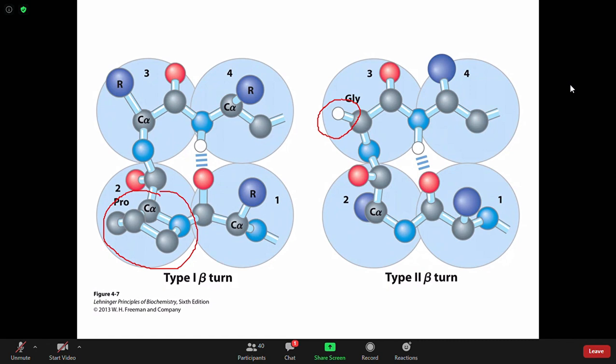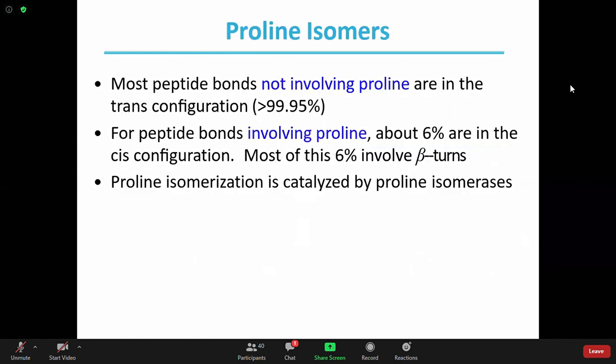Most prolines have the trans configuration, because that's the most stable one. But there are cis configurations as well.